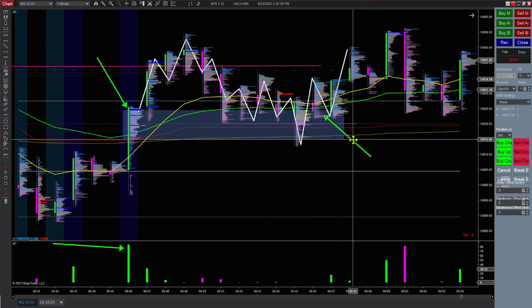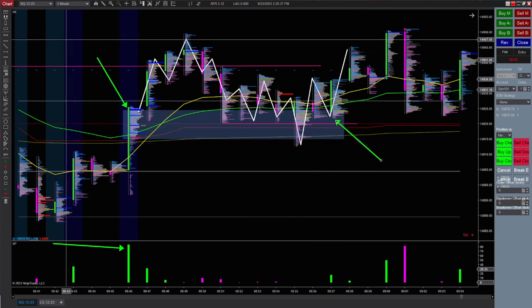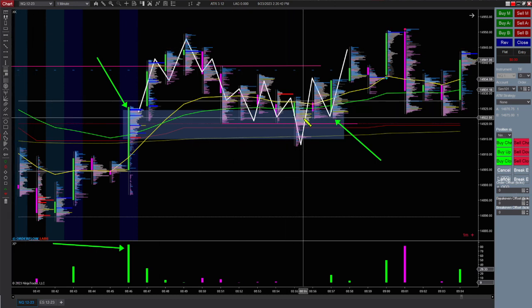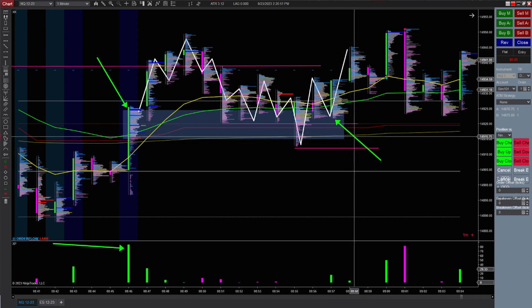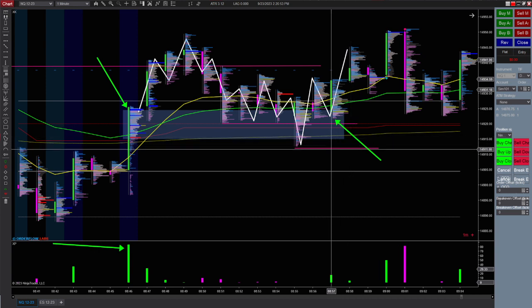So there again, my entry would likely be somewhere within this volume area. A stop would be right here at these lows, so I'm looking at about a 912 for a stop.